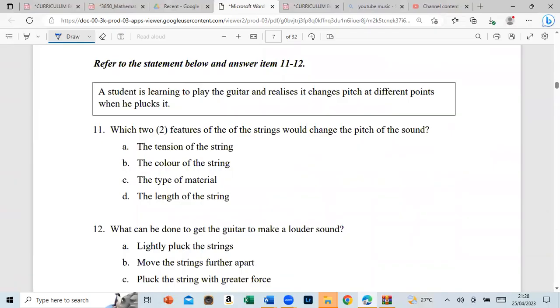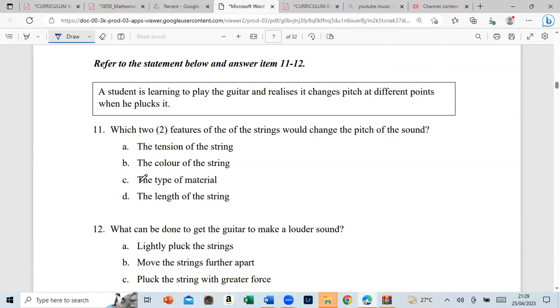A student is learning to play the guitar and realizes it changes the pitch at different times when he plucks it. Which two features of the strings would change the pitch of the sound? A, the tension of the string. B, the color of the string.